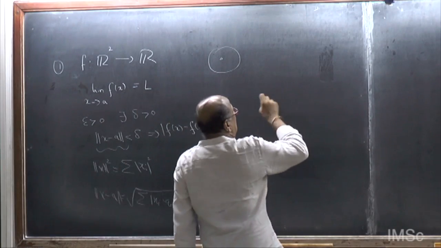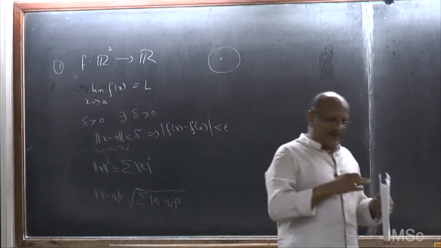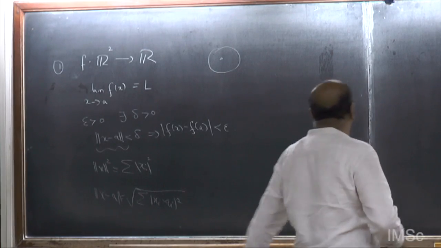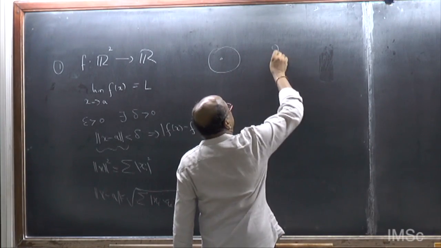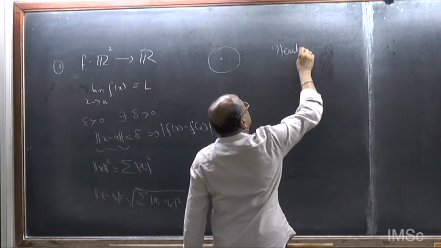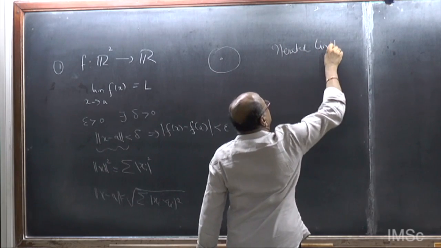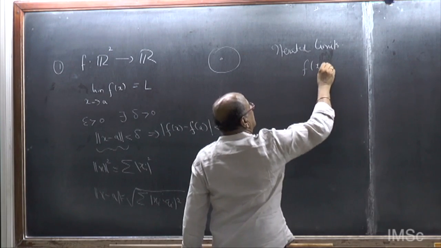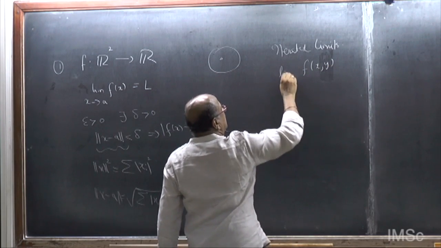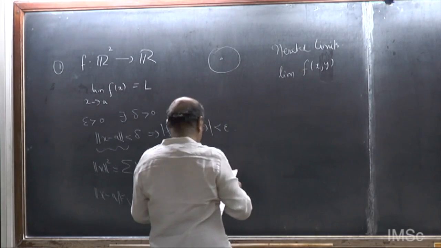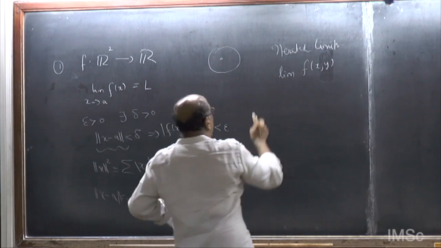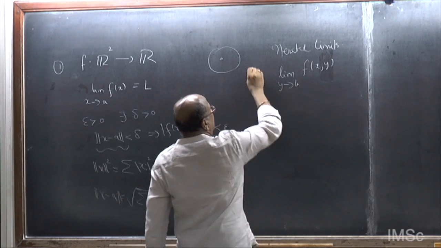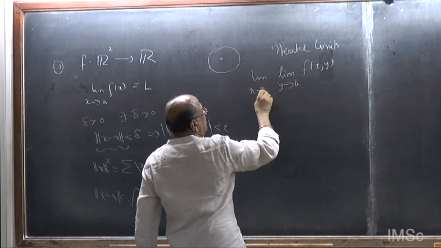Now, since we are in R2, we have some natural ways we can think of limits. We can think of, say, iterated limits. For f of x y, I can take limit y tending to b, limit x tending to a.